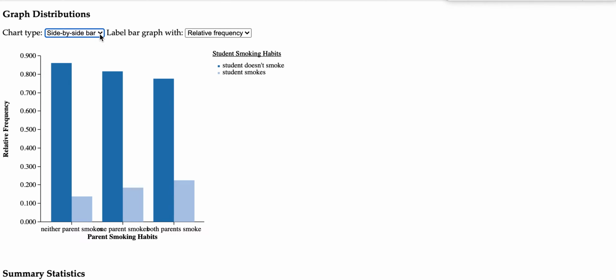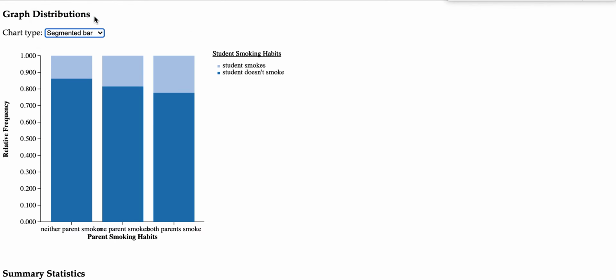Okay, because of order, this kind of trend isn't always helpful, but in this particular case, it is. If we look at the segmented bar chart, what you're looking for to see if there's an association or relationship is a difference in the bars.